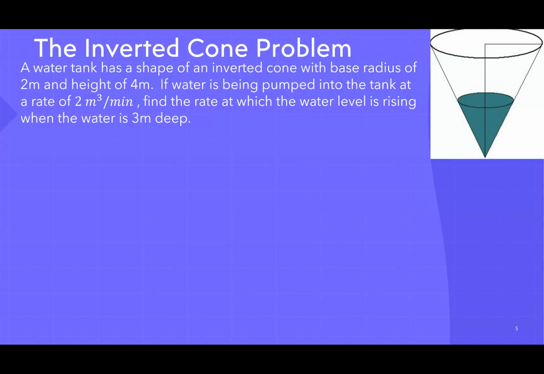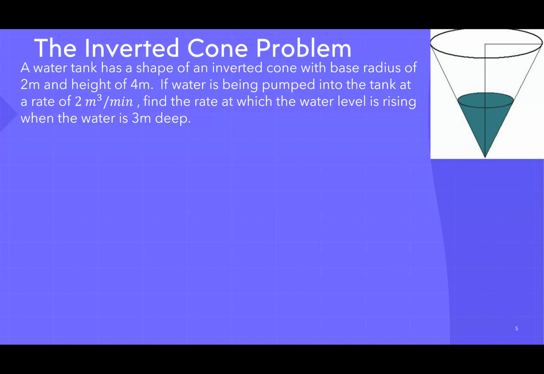Next, we will do a very famous problem of this type, and that is the inverted cone problem. Imagine a water tank, and that water tank is in the shape of an inverted cone, meaning the cone is upside down there.